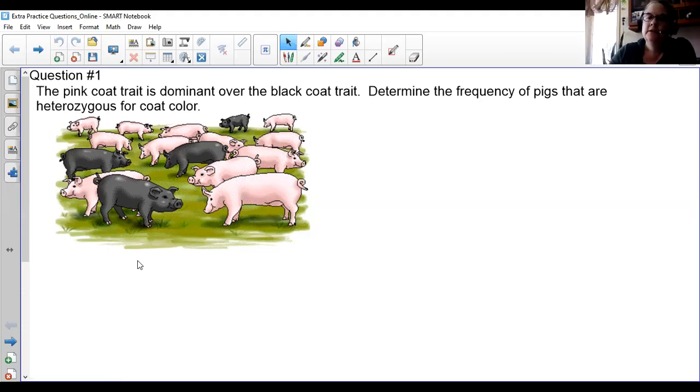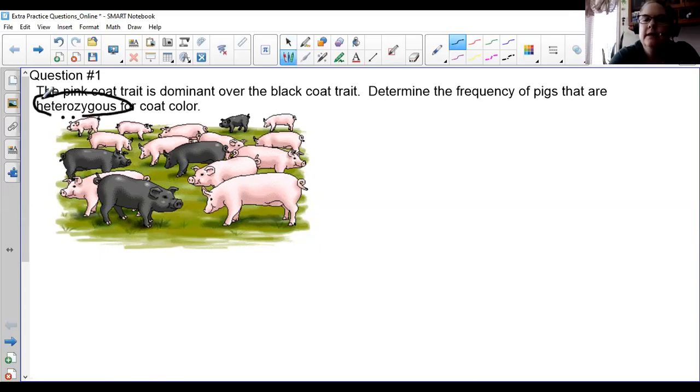So I want to figure out the frequency of pigs that are heterozygous. So I know that the formula for heterozygous is 2pq, but the problem is I don't have a P and I don't have a Q.